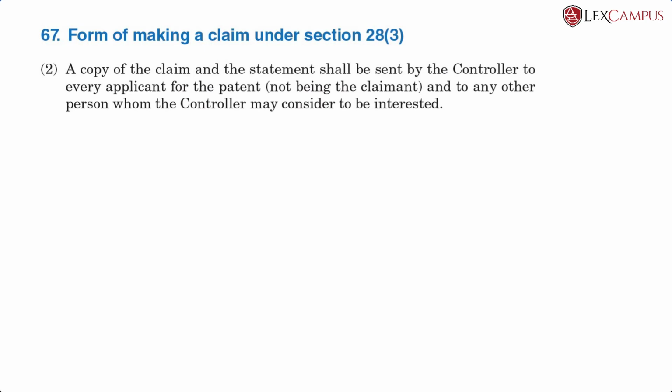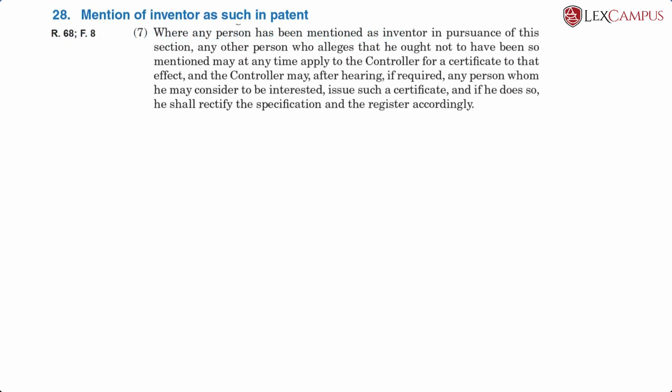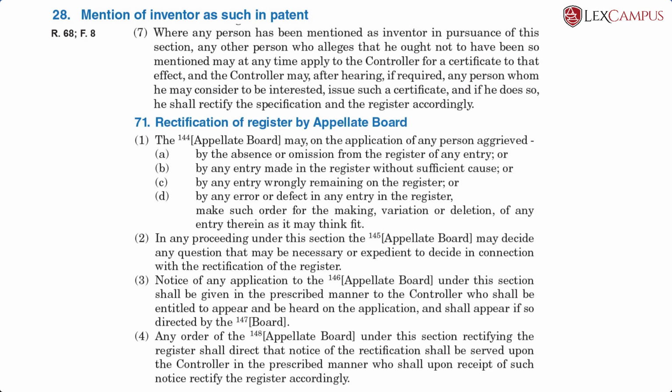So, this certificate operates like a rectification procedure, and if you compare the language of this provision 28(7) with the language in Section 71, which is rectification of the register, this proceeding will also result in the rectification of the register, because eventually the controller will have to rectify the specification and the register.